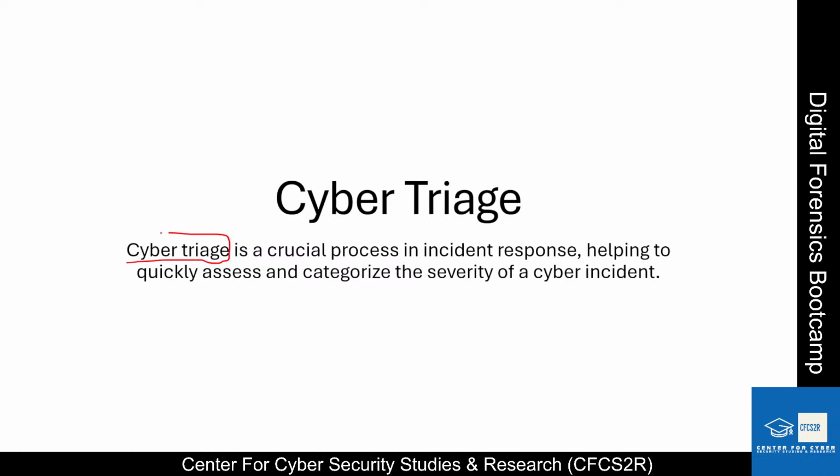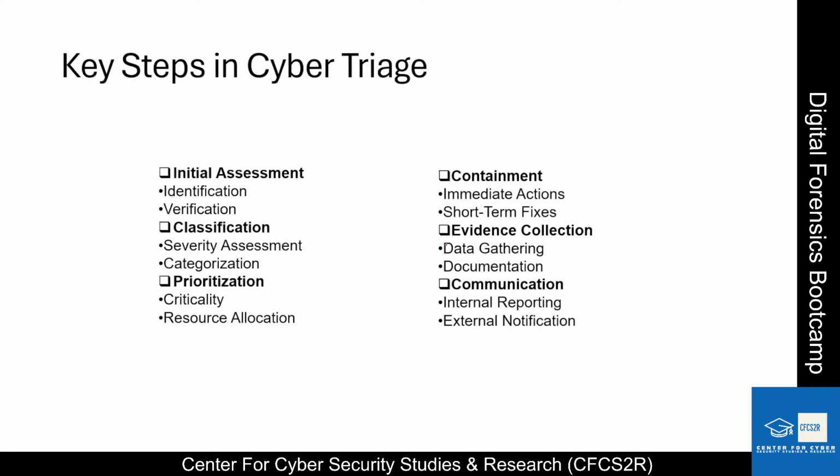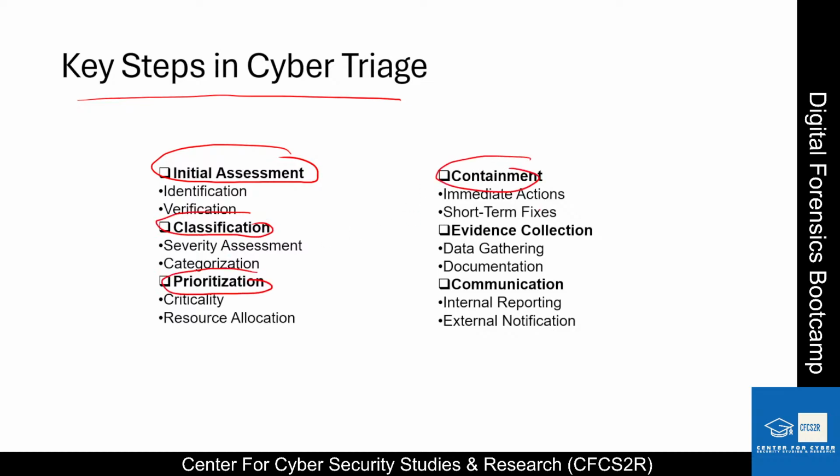So cyber triage is a very broad word, and it is usually used in cyber incidents. So what are the key steps in cyber triage? The key steps are initial assessment, classification, prioritization, containment, evidence collection, and communication.